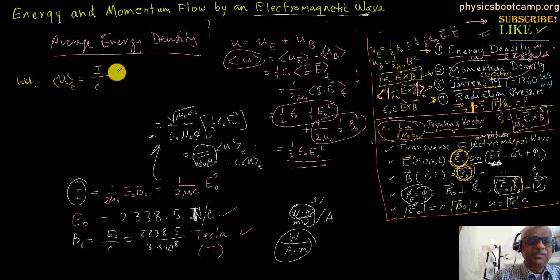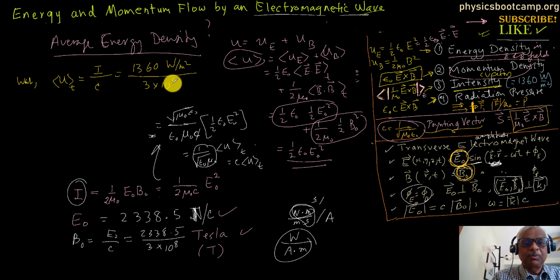The intensity was 1360 watts per meter squared, and c is 3 times 10 to the power 8 meters per second. You can see this will be joules per second, so per second cancels per second, one of the meters combines with meter cubed.